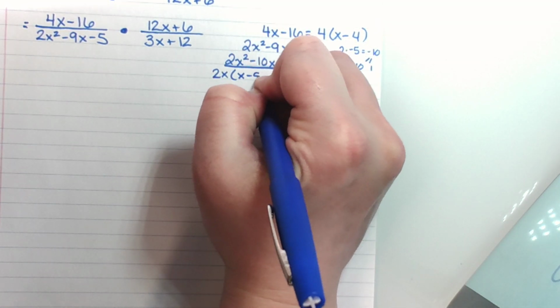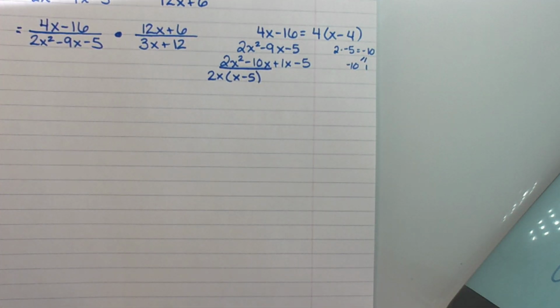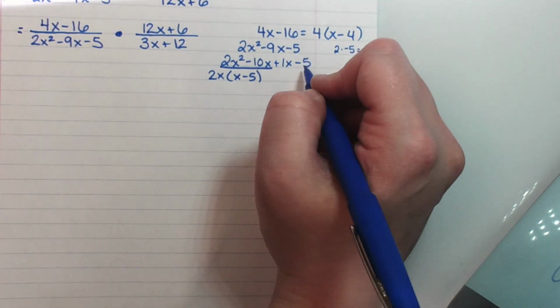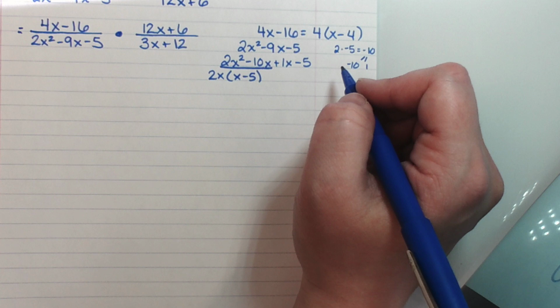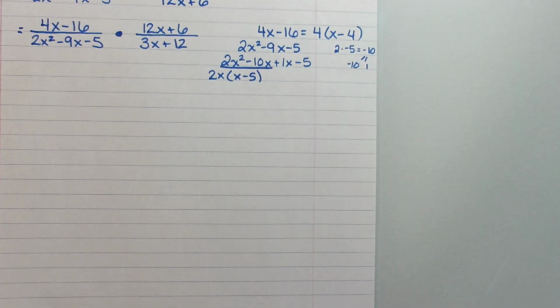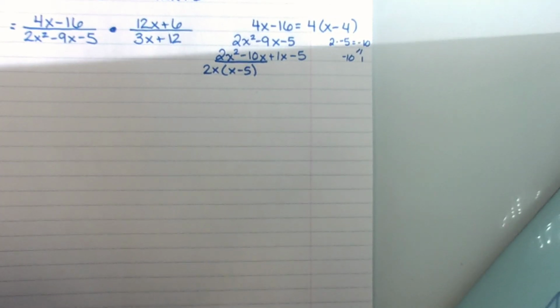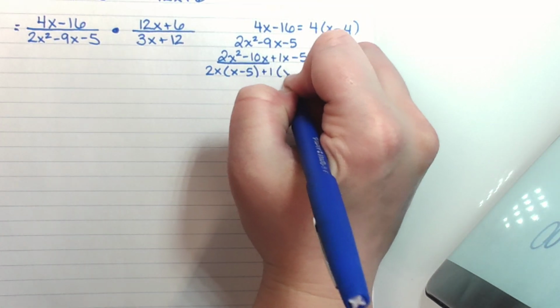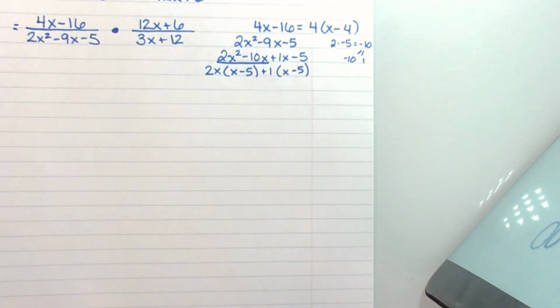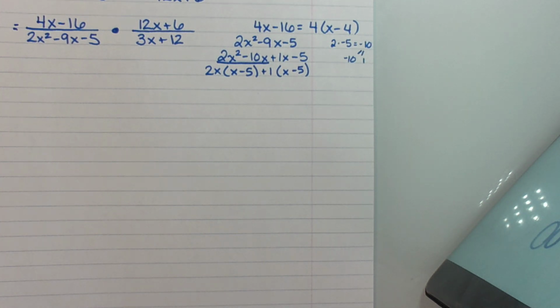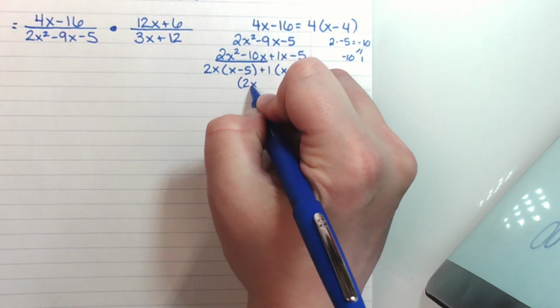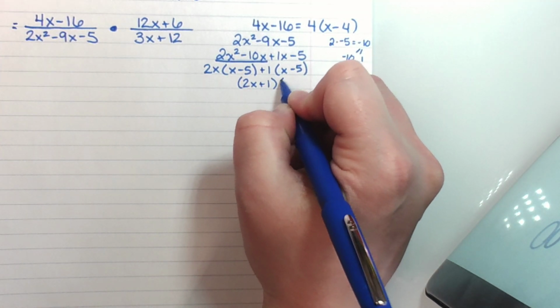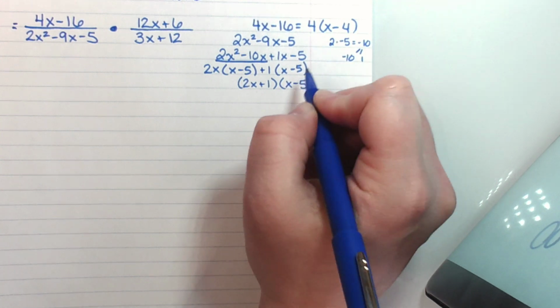Leaves me with x minus 5. Preston, what's the biggest thing that divides out of 1x minus 5? 1. Stay put, please. Brandon, what's the fully factored form then? Parentheses 2x plus 1 and parentheses x minus 5. You got it.